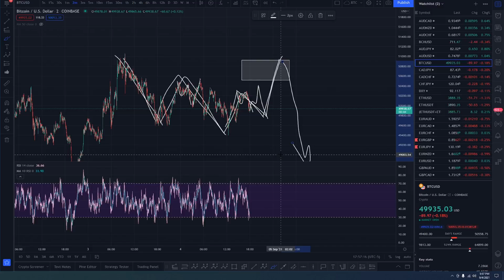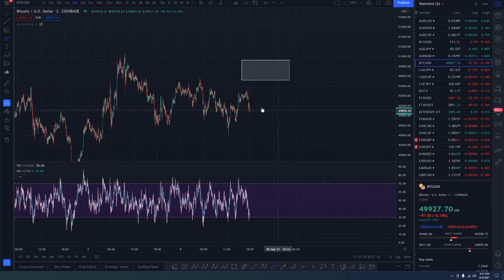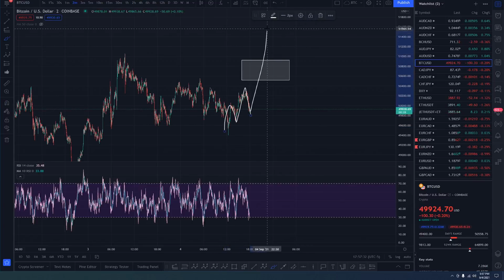But do you understand why I'm shifting to that a little bit? Because the wave structure that I'm getting is not lining up very well with an impulse wave. Unless this is a 1, 2, 1, 2, and we get a giant wave to follow. So if that's a 1, 2, 1, 2, I'm expecting a big impulse coming soon.